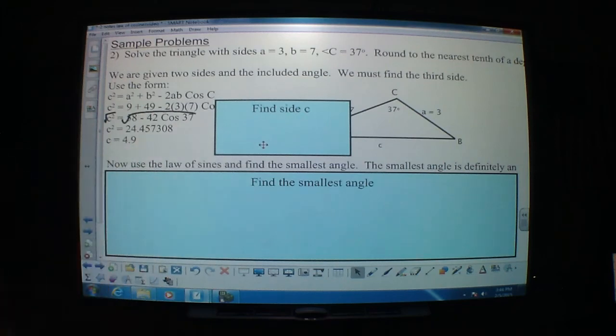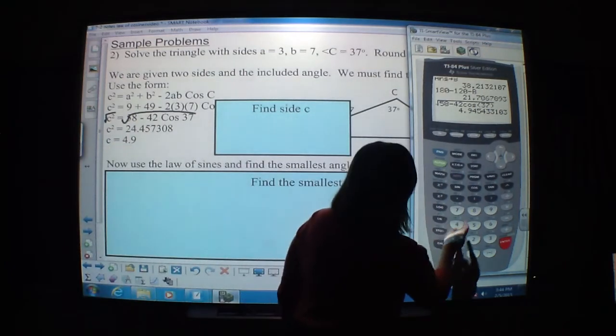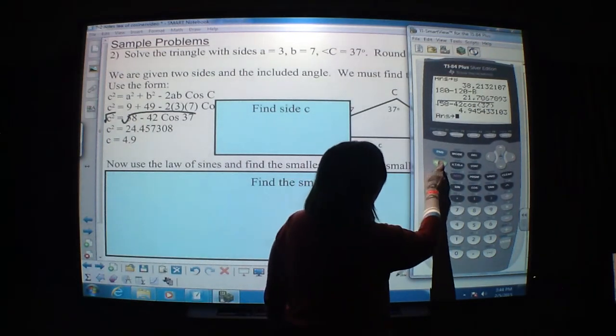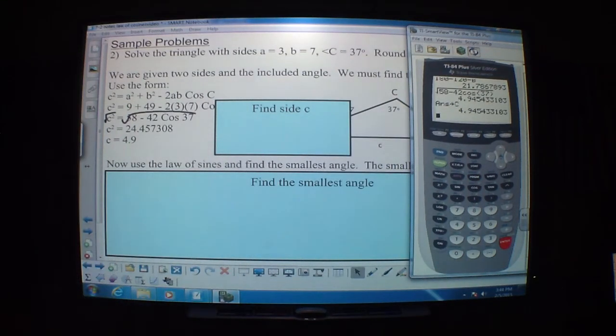You get 4.9. I took the square root right away. It's C. I'm going to store that in C so I can use it later on.